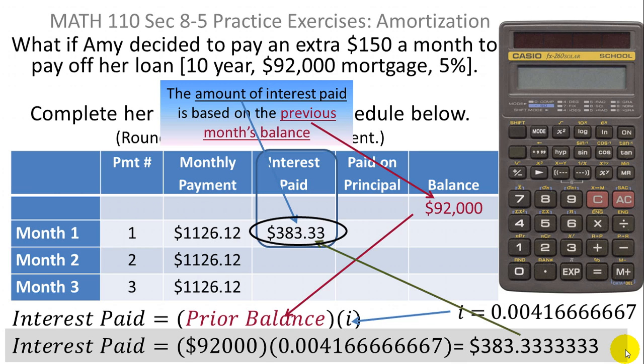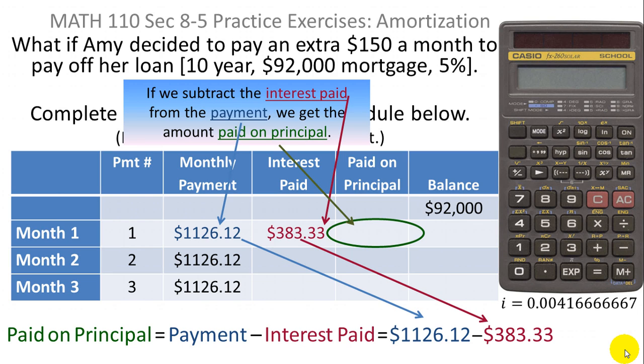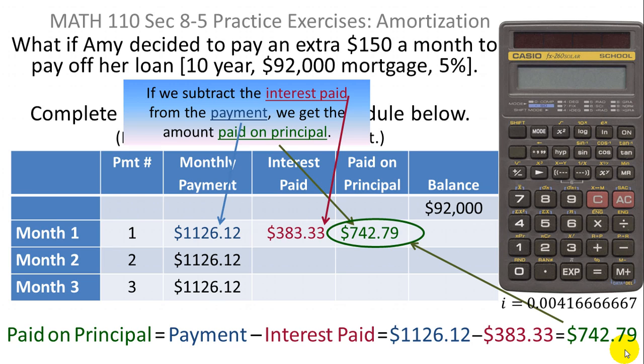We want to round that to the nearest cent, so that'd be $383.33. Okay. Continuing, the amount paid on principal is just the interest paid taken away from the monthly payment. So if you take $1126.12 and subtract $383.33, you end up with $742.79, and that goes to the amount paid on principal.